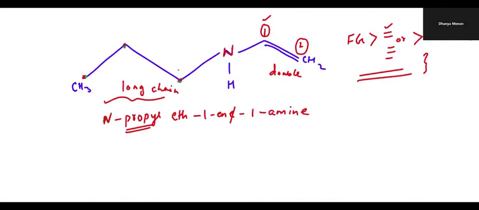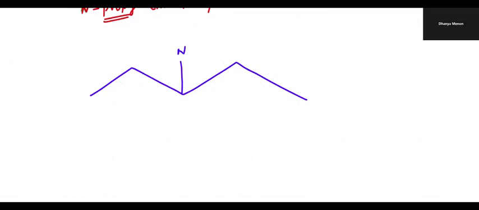Now, coming to the next question. If you get a question like this, to the nitrogen atom 1 bromine atom is connected, CH double bond CH2.